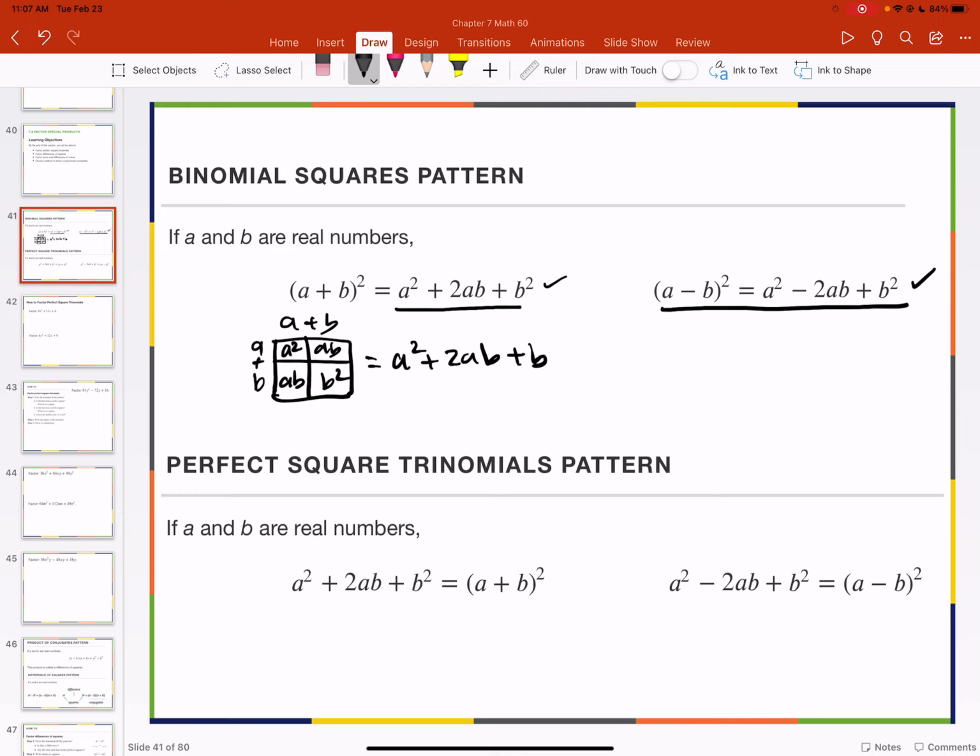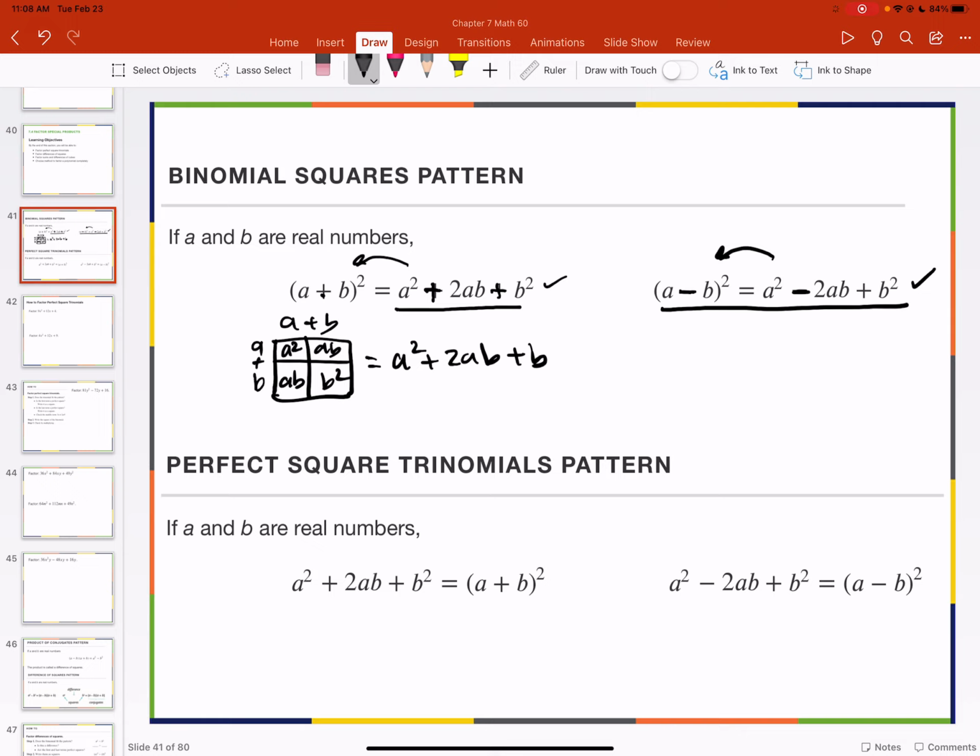So the difference between the two is that if your binomial has a plus, the pluses here are the same, and if there's a minus sign in there, then your middle term will be negative in your answer.